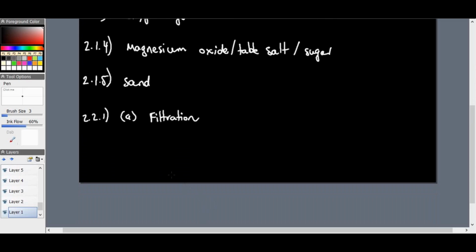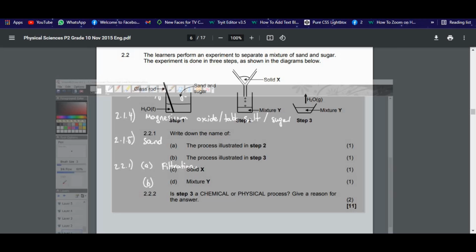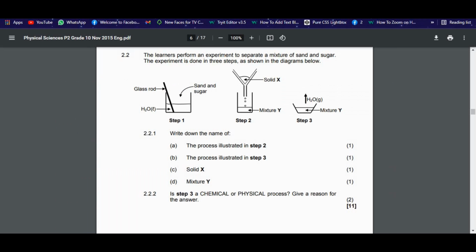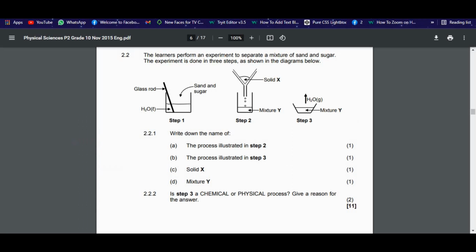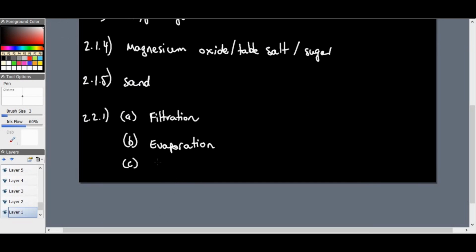B was the process illustrated in step 3. Step 3 is evaporation. Whenever we see water leaving in gas form, we know that's water vapor. C asked for solid X. Solid X would definitely be your sand.